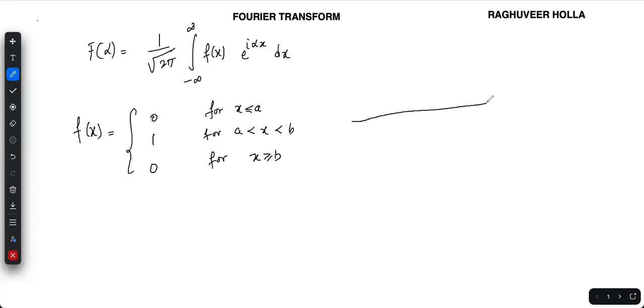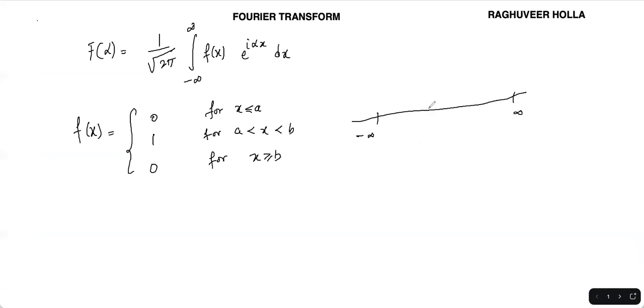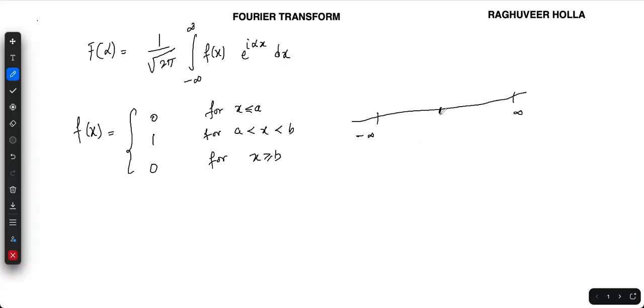As you know, this interval is minus infinity to plus infinity. So here if I consider this as 0, this is a and this is b.